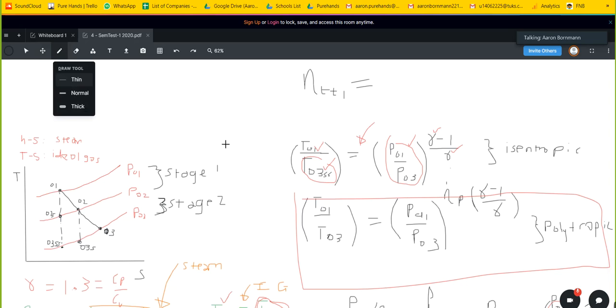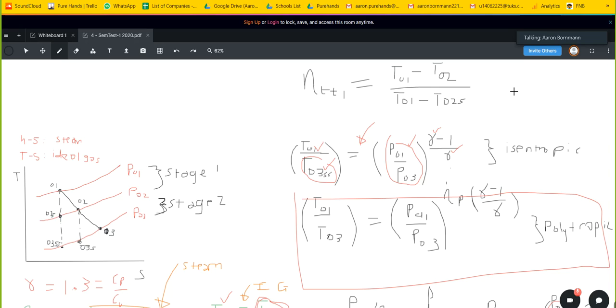Because this is the first stage, it's going to be the real value, and we're only dealing with the temperatures now. So it will be T01 minus T02, because it's the first stage, divided by T01 minus T02s, because now we're looking at the isentropic stage.